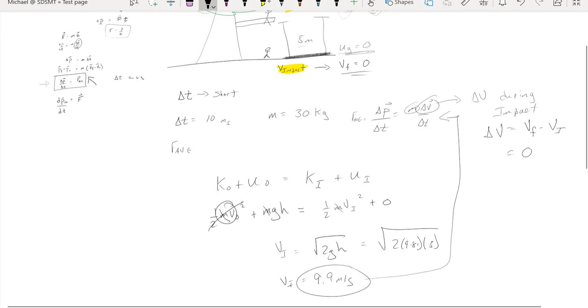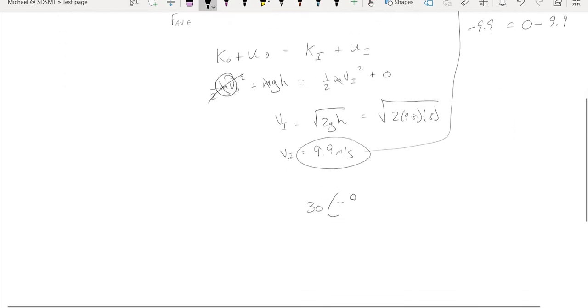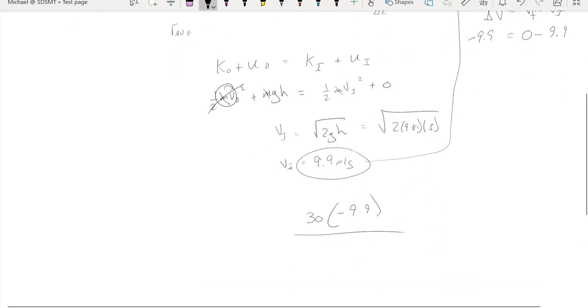So we have 0 minus the impact velocity, 9.9. So we have a negative 9.9 for the change in velocity. Negative 9.9, all divided by the time interval of, what did we say, 10 milliseconds? So that's going to be 10 times 10 to the minus 3.